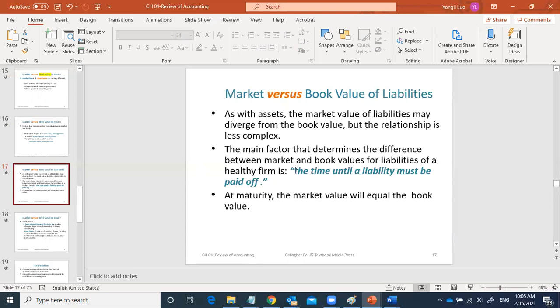So if you hold a bond, the longer you hold it, the more likely you are going to experience higher risk, right? Until the debt is paid off at maturity, the market is clear. So the market value equals the book value.